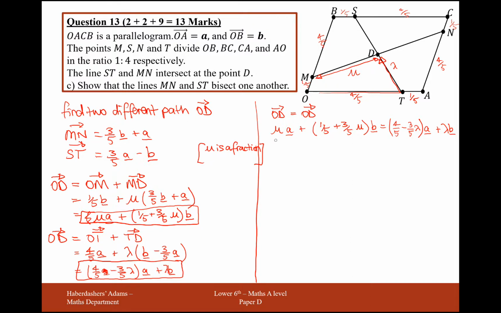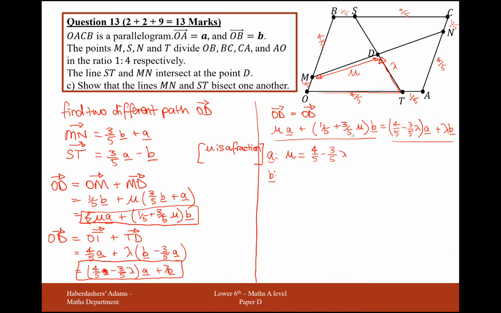Okay, so we've got this vector here must equal this vector here. And if the two vectors are equal to each other, then the A parts must be the same as each other and the B parts must be the same as each other. We can create two simultaneous equations out of this. So from the left hand side, mu must equal what we have for A on the right hand side, 4/5 minus 3/5 lambda.